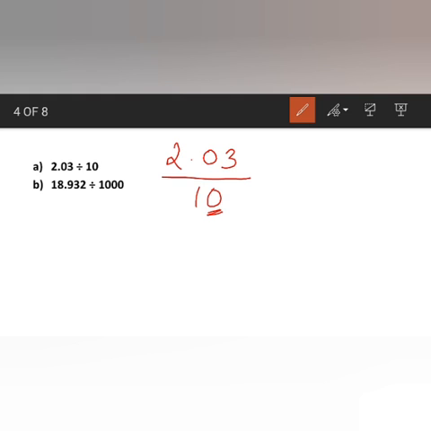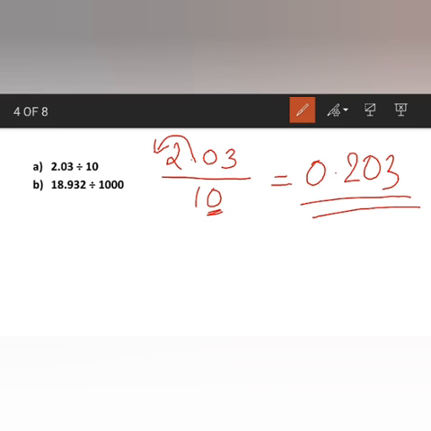So, we have to shift the decimal point to the left by 1 place, so that our answer will be 0.203. Here we have shifted the decimal point left by 1 place so that our answer is 0.203. What about the next one?